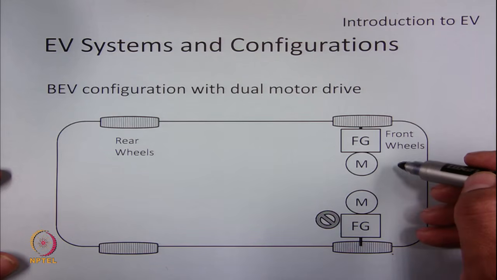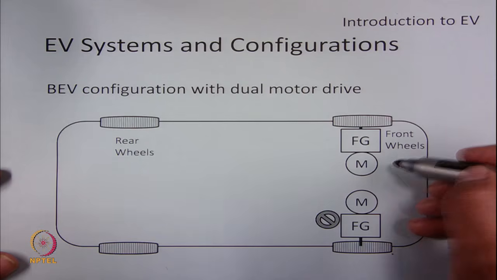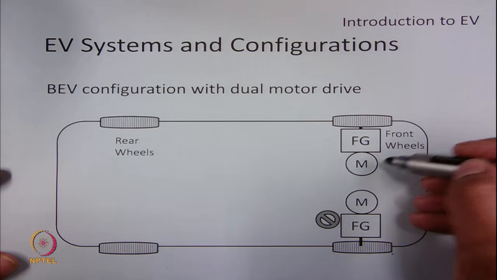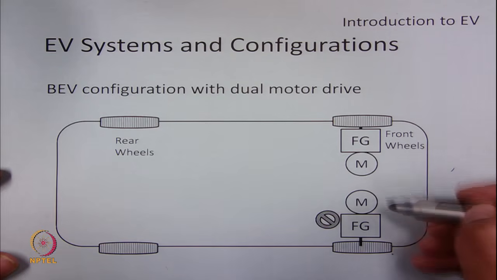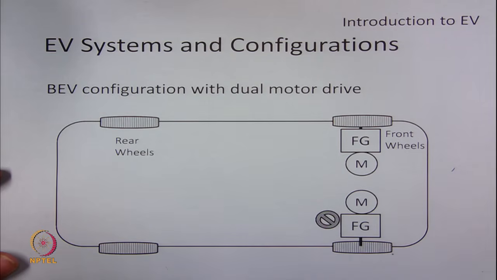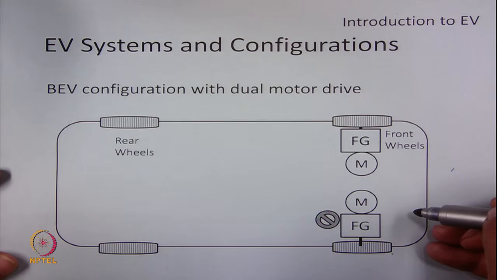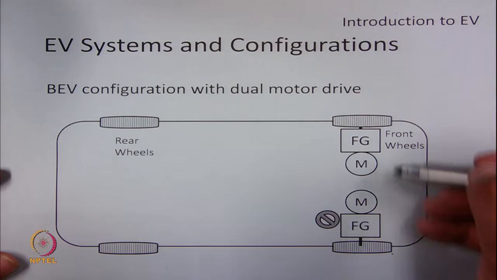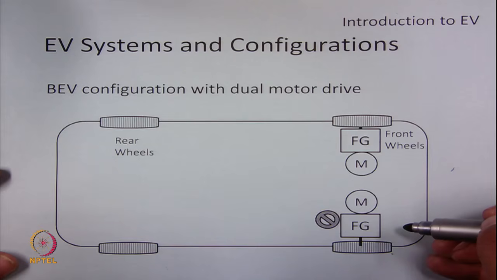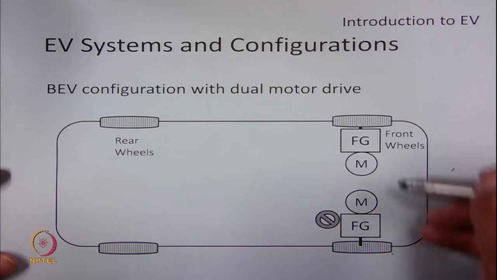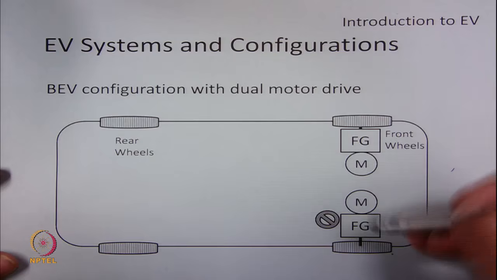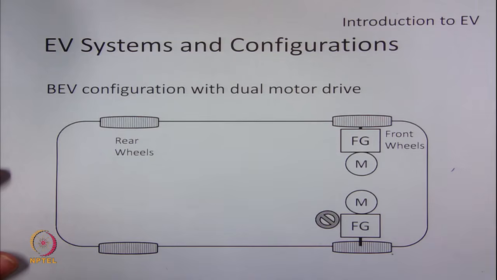Now we will have two motors which are coupled to the individual wheels by means of fixed gears. So, this system is simple and it is less bulky compared to the previous configuration, but now the differential action has to be carried out by the mutual control of these motors. These motors cannot be operated in individual mode. They have to be coordinated such that their control enables the differential action.